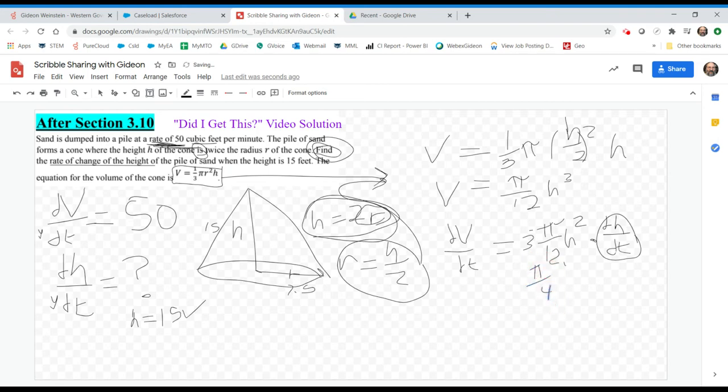And dV/dt, that was the very first sentence of the problem. That's given too. So we're going to use the givens, right? 50 equals pi over 4 times 15 squared, and then that's all multiplied by dh/dt.